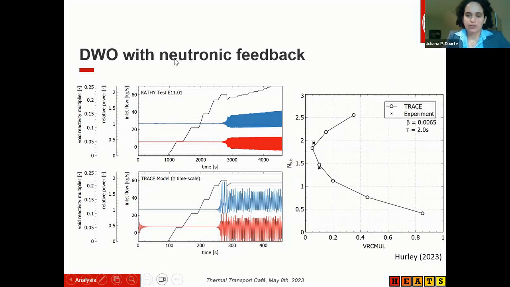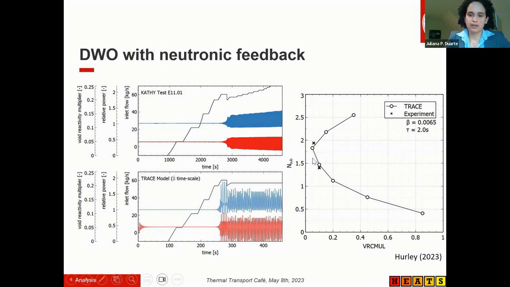This curve here shows another way that we found to represent our instability boundary conditions now. It is not the instability plot, but we have the subcooling number as defined before versus this void reactivity multiplier that was the parameter for each of these data.